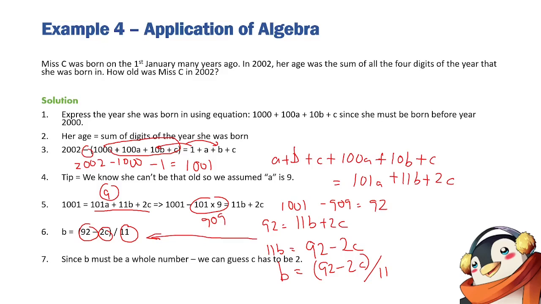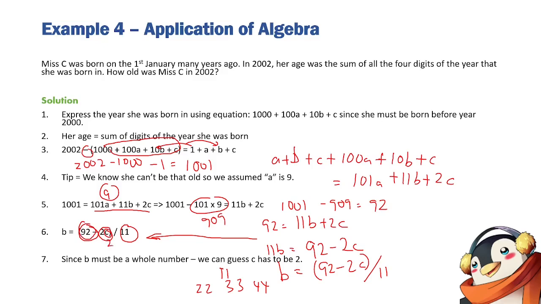You know that B has to be a whole number, right? It cannot be a decimal, because anything that divides by 11 must be a multiple of 11, which is what? 22, 33, 44. So you want to get 92 minus something.